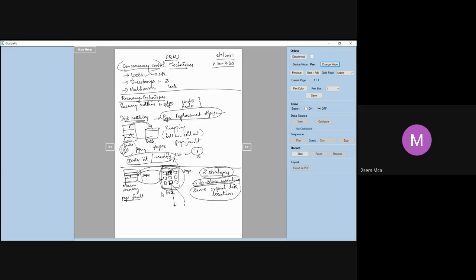If you are updating it at the same original disk location, you call it in-place updating. There is already a copy in the disk, and you are just taking a copy of it, so whatever old value was there will get overwritten. That is one of the strategies to write back the modified buffer.